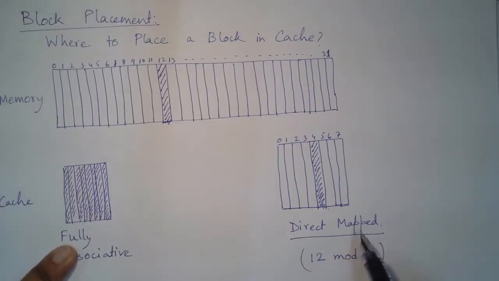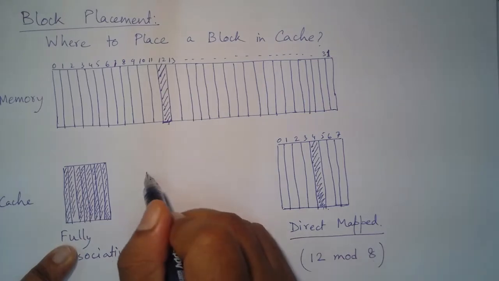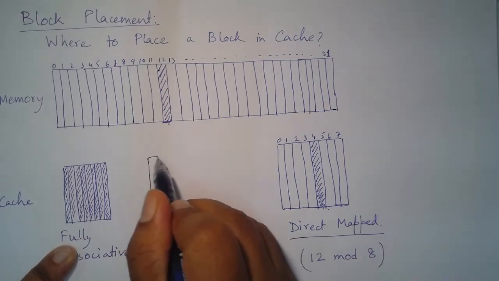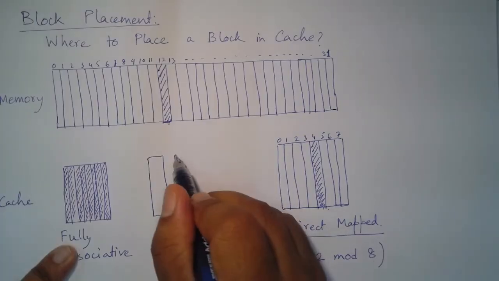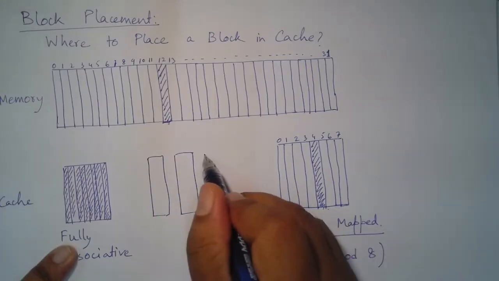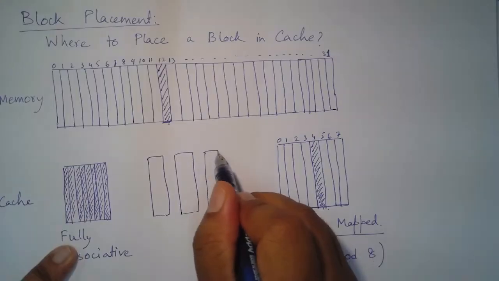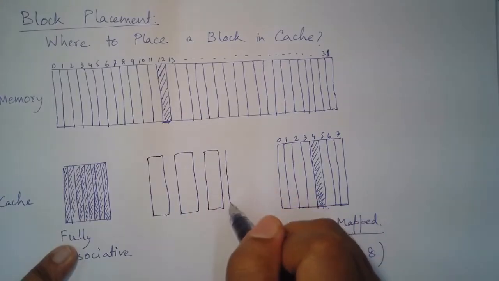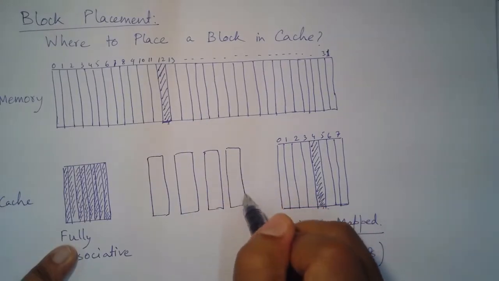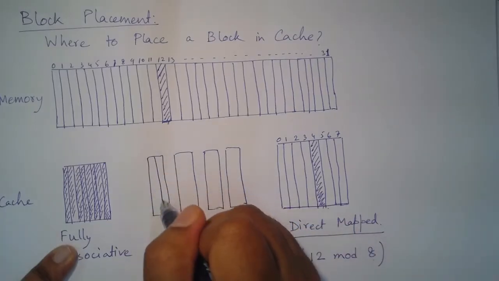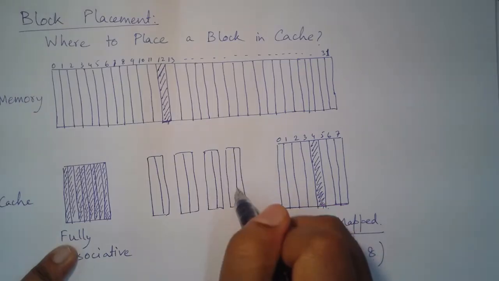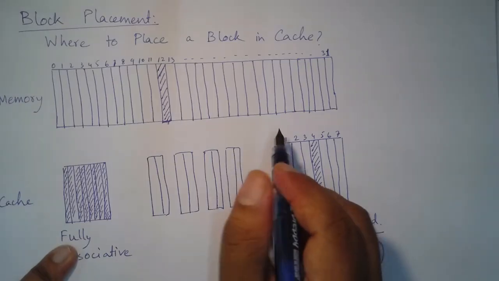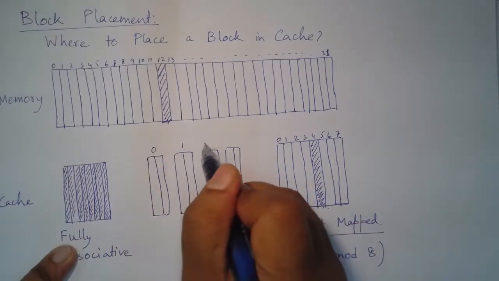So if we think of it like this, let us say I have 4 such structures where each of the structures has 2 blocks, and we number them as 0, 1, 2, 3.